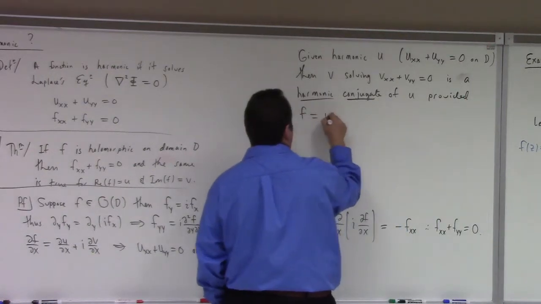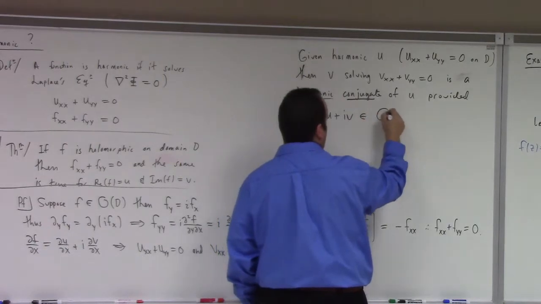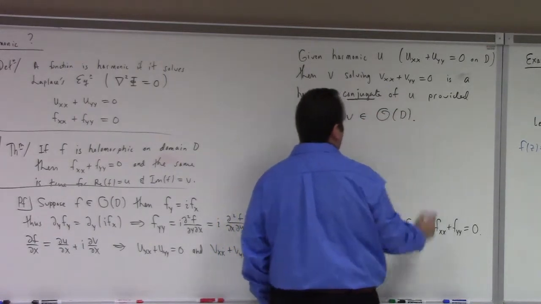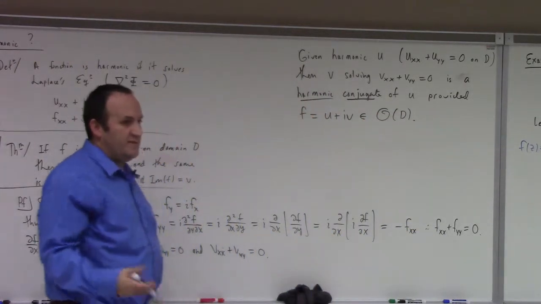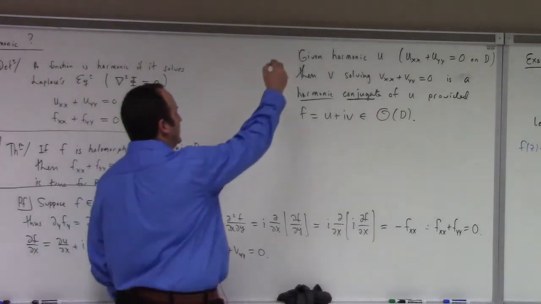F equals u plus iv is holomorphic on D, which is just a way of saying that f is a complex differentiable function on the domain. So this is the definition of harmonic conjugate.